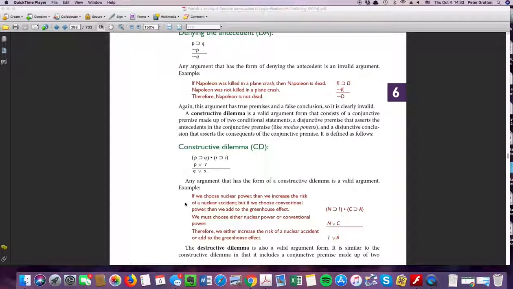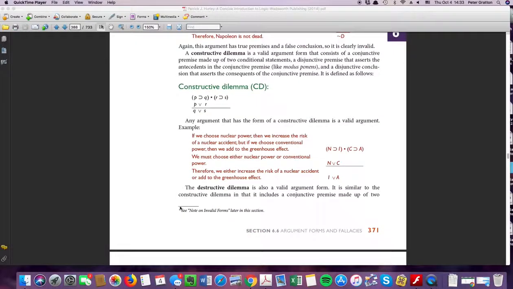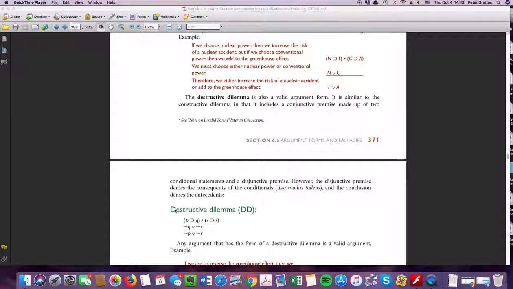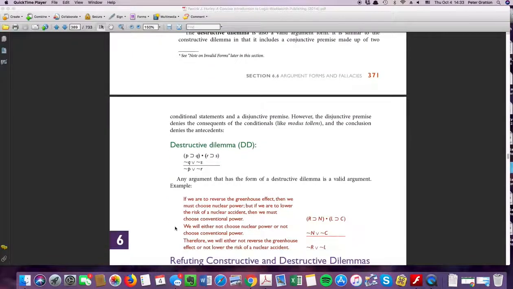Okay. Let's look at this. We're going to read forms of this later. As they get longer, I want to get rid of them. This is another destructive dilemma. If P then Q, and if R then S. It follows then that we have another valid argument form.